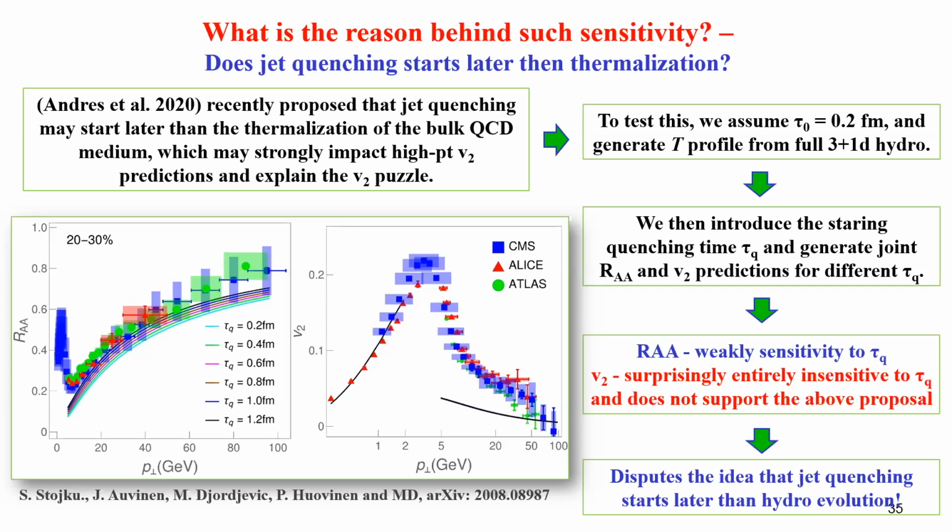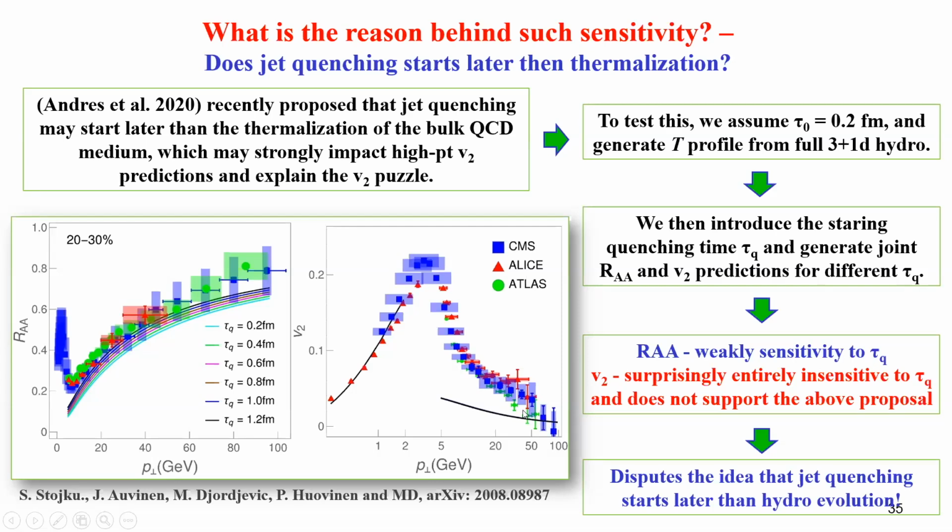Yes, so basically, if you look at the V2 plot, between 2 and 5 GeV... Okay, I forgot to say that. This is a logarithmic scale, and we wanted to put on the same footing how the low PT agreement looks from our full hydro for these different times, and then how it looks for high PT.